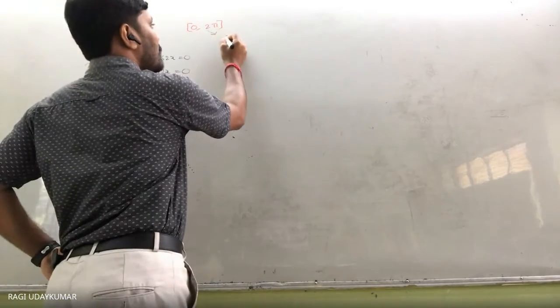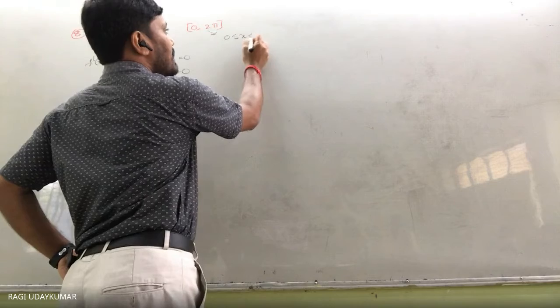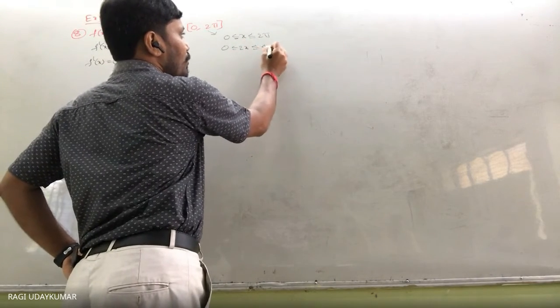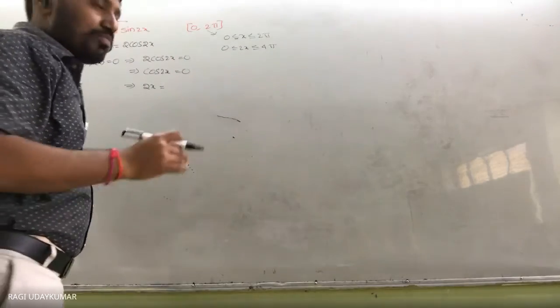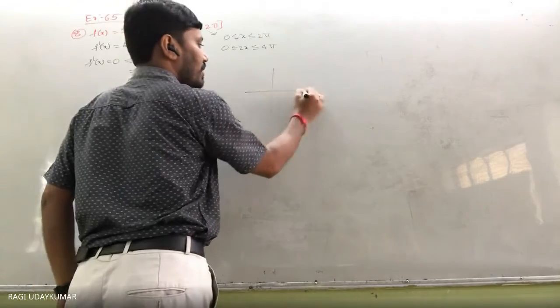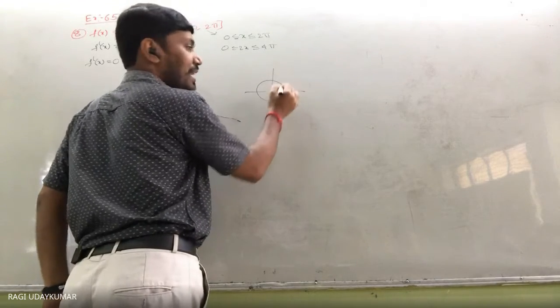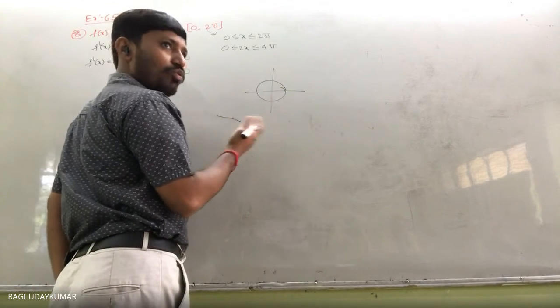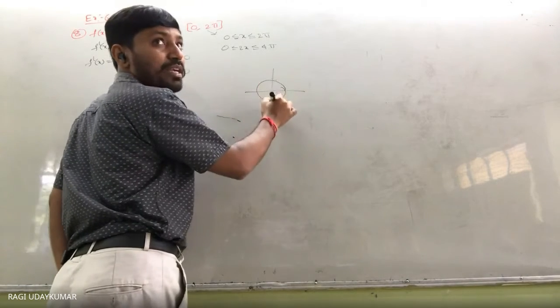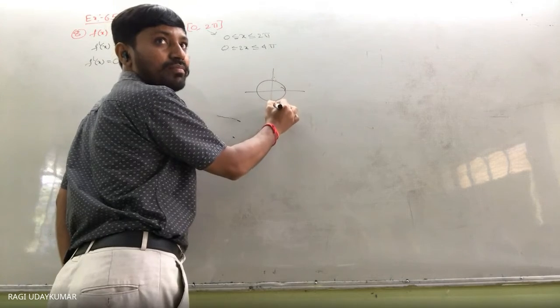This is x: 0 less than or equal to x less than or equal to 2 pi. So 0 less than or equal to 2x less than or equal to 4 pi. Actually it is simple: where is cos 2x equal to 0? This is the circle, and you should remember it. It will be here, here, here and here: pi/2, 3pi/2, 5pi/2, 7pi/2. That's all.